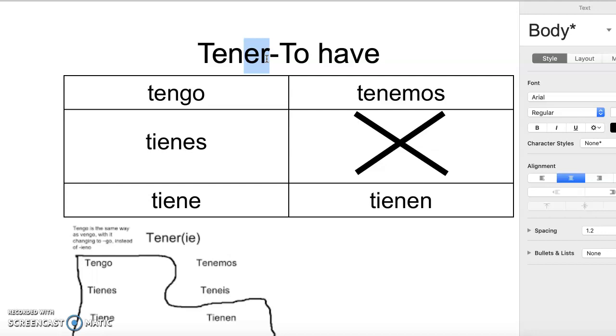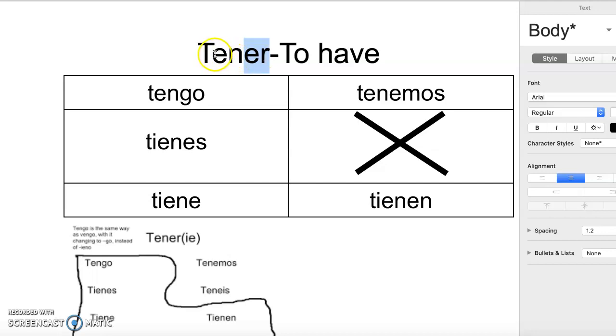The stem of the verb is every other letter besides ER. And so if this verb was not a stem changing verb, then I would have TEN and then add the endings that I see on the verb chart. But if I look at this chart that I see on this document, it's slightly different. The endings are in fact the same, but something in the stem changes.